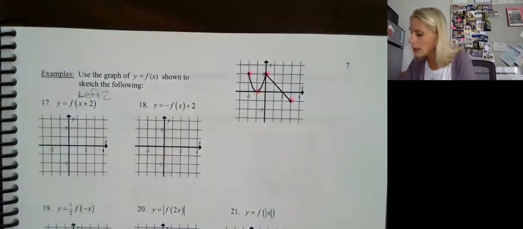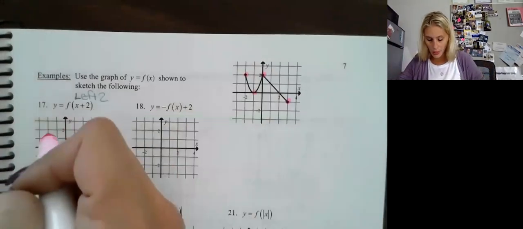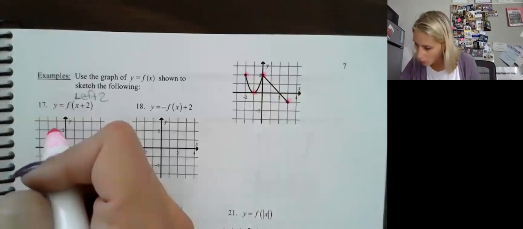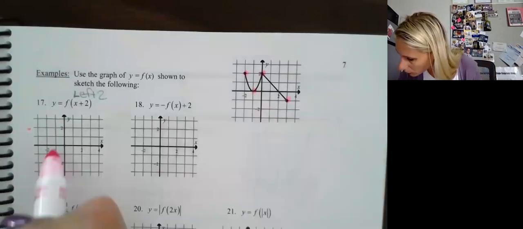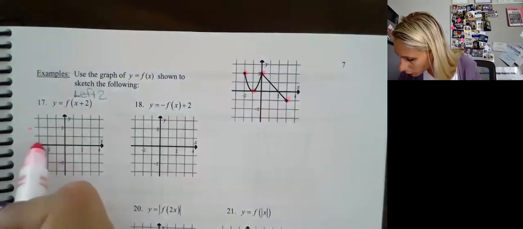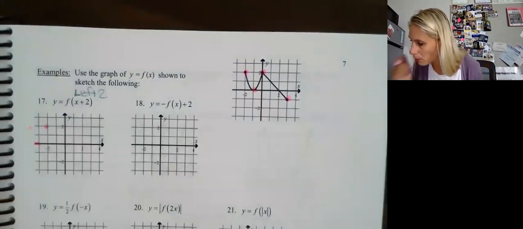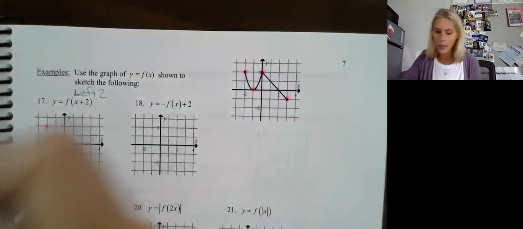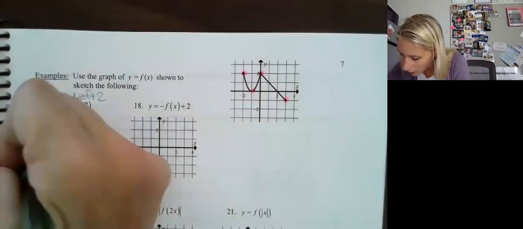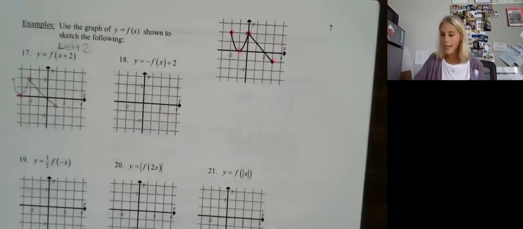I'm going to take each of these points where they are and go to the left 2. Here's the original point. Go left 2. And there is my graph, shifted 2.